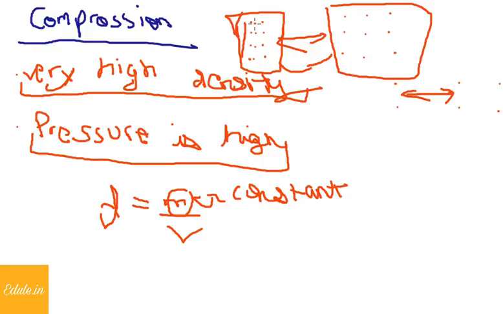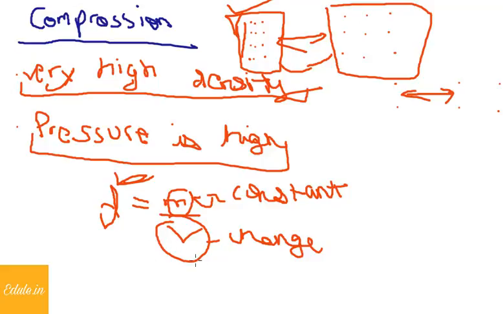Mass is constant, and density is high, that means there is a change in volume. Now if we take the example of compression, if density is increasing, that means if your numerator is constant and the value increases, then your denominator should decrease.